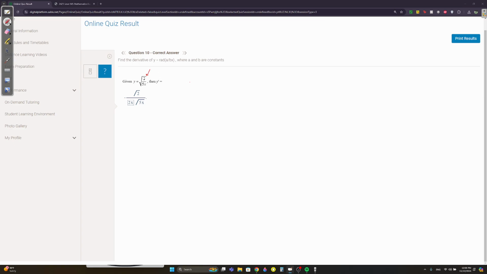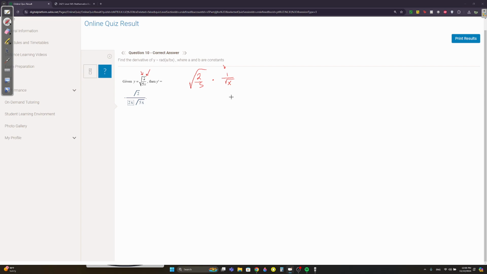This is radical 2 over 5, right? I want you to think of this like this. Whenever you have a number beside x and you're trying to derive, especially with these big ones, put the number on the side and put the x on the side. You have x down, so it's going to be 1 over radical x because it's in the denominator.